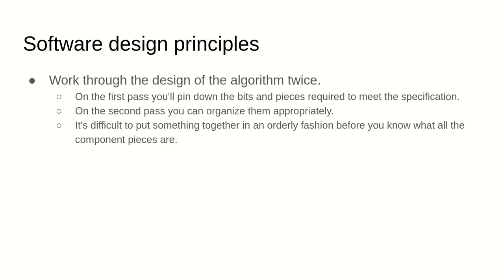To revisit a little bit of what we talked about with software design principles, some of the same ideas are true for this more general algorithm design idea, and that is working through the design of the algorithm multiple times, at least twice, because as you think the algorithm design down through the first time, you will start to see more bits and pieces that are required to meet the specification.